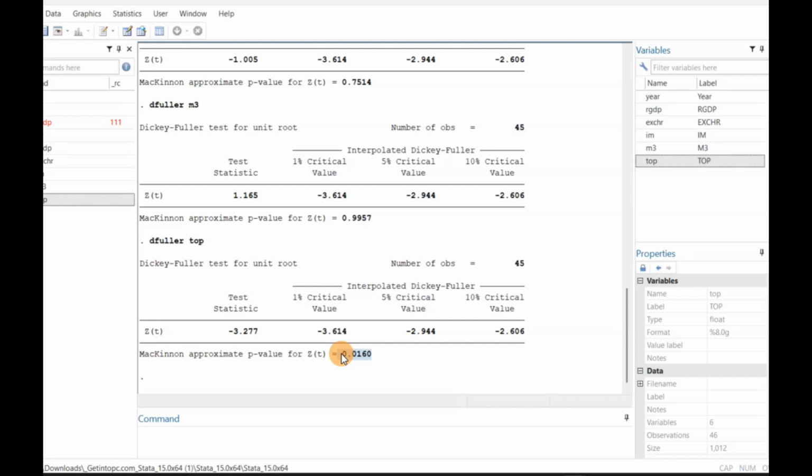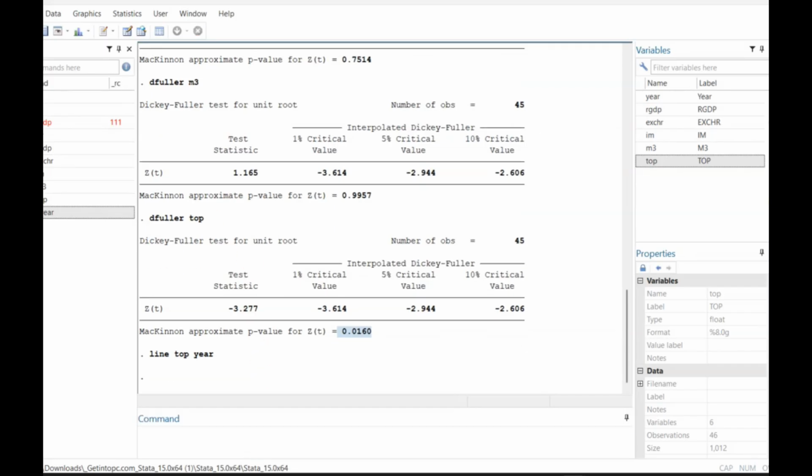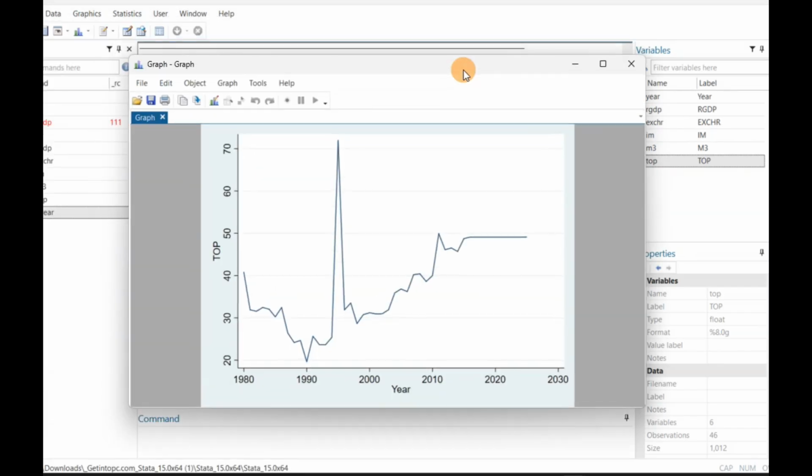No, so that one, it is zero point one. Are you sure? It's less than 5%. Oh, it's zero, it's stationary? Okay, let me see. Graph, line. Is this variable stationary?